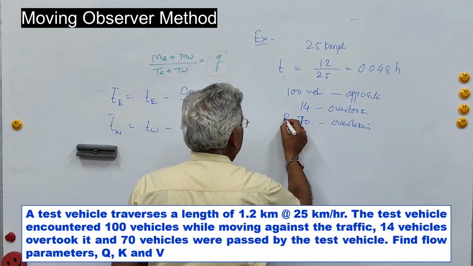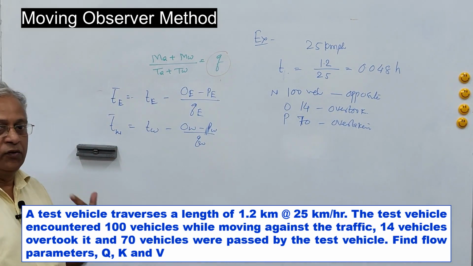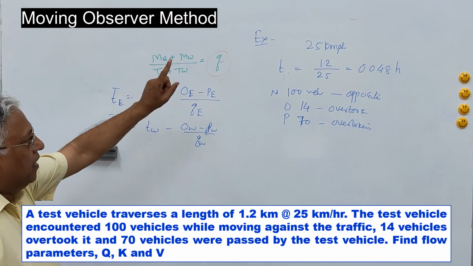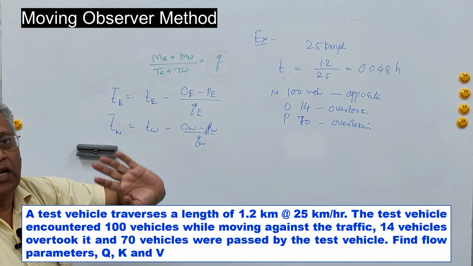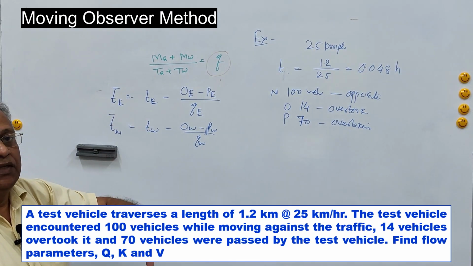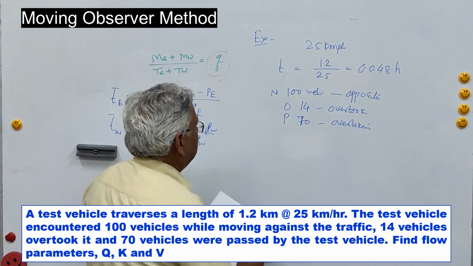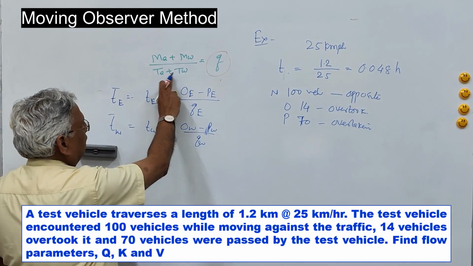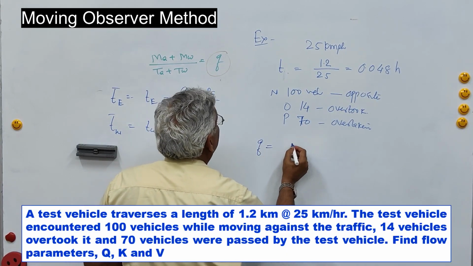So this is N, this is O, this is P. Opposite direction. Now the test run is made only in one direction. So let us assume that the flow in two directions is similar, and therefore T1 and T2 will be the same.